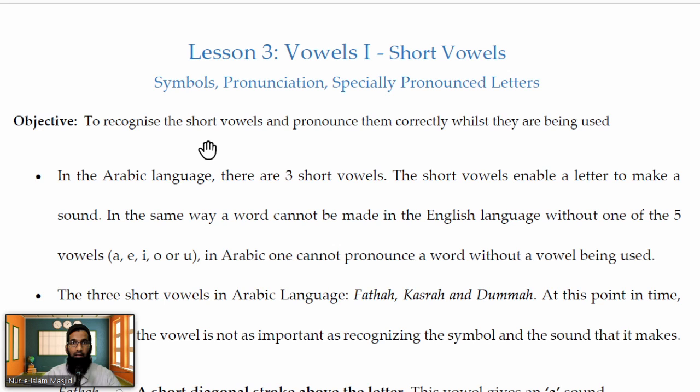So you saw the difference in both of their sounds, right? This was qa, qi, qu, and this was k, ki, ku. I hope you all got that difference.